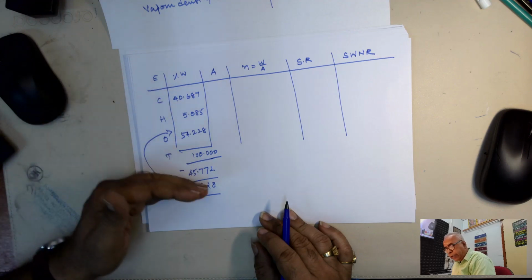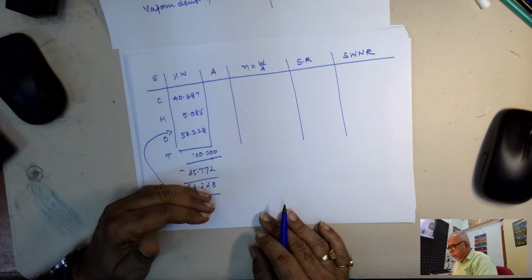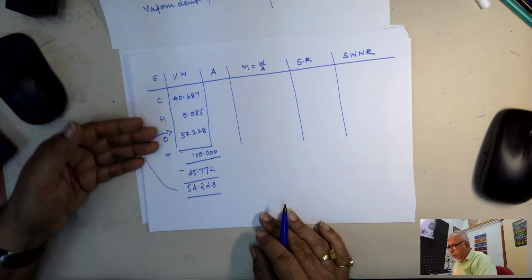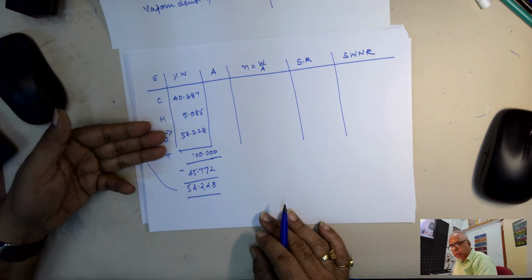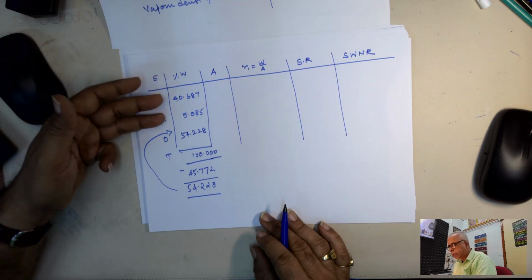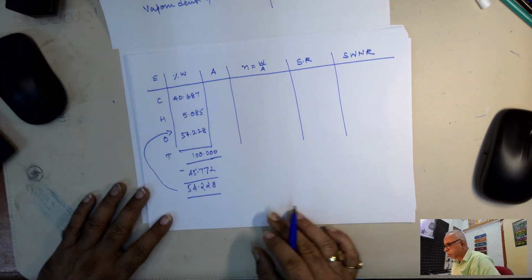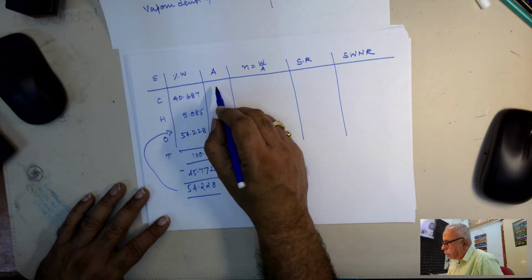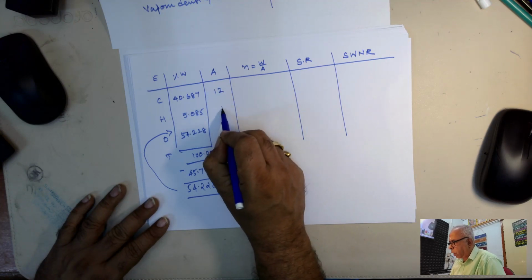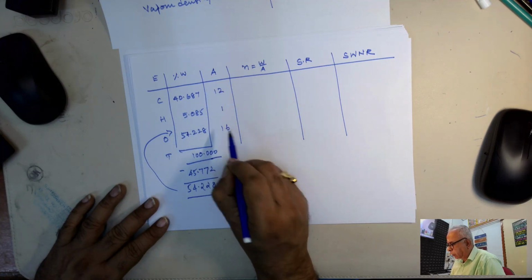Rather, you can find out by making the difference. After all, this is the remaining quantity from 100. So 100 minus these two gives the oxygen percentage. Now, what is the atomic mass of carbon? 12. Hydrogen? 1. Oxygen? 16. Done.